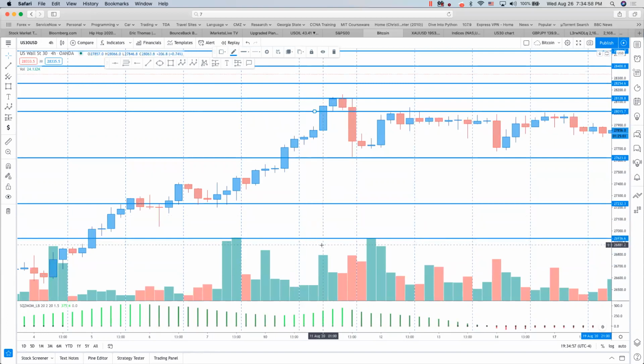So this is my London candle right here. We broke out from this high over here, pushed all the way up on the London candle, right? We're focusing on these three candles inside of the box, so this one, and this one.